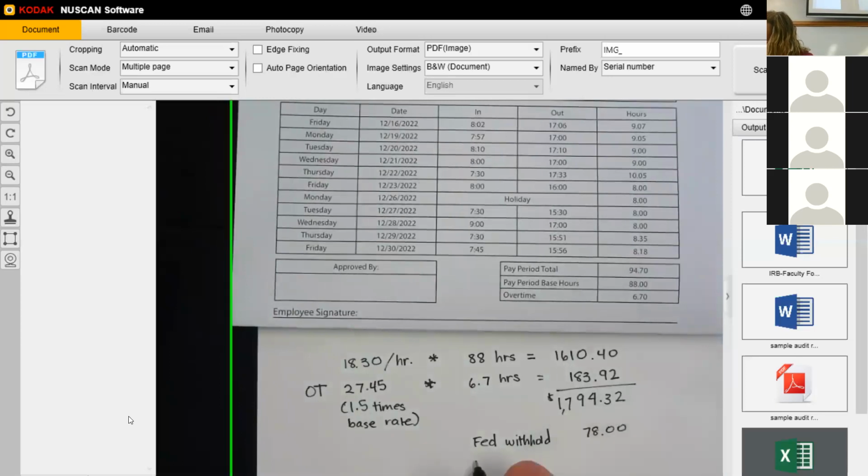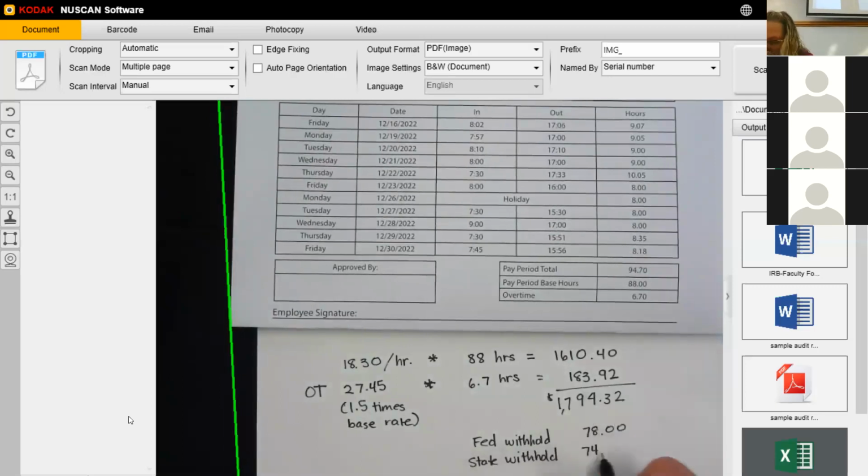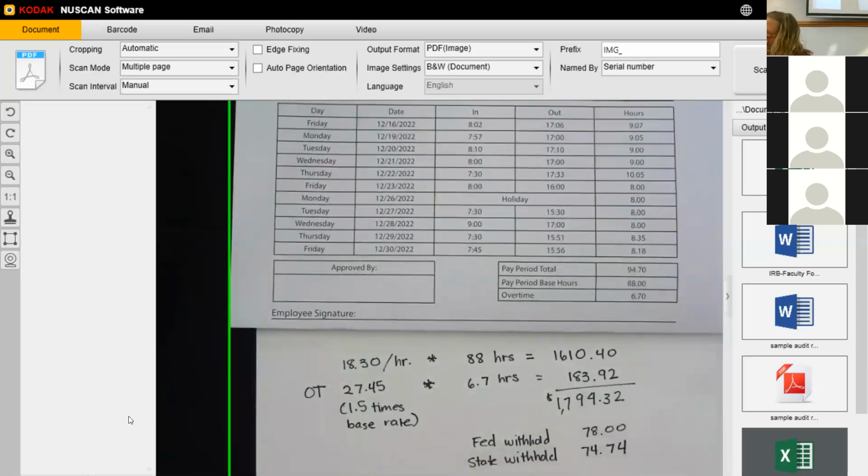Her state withholding is $74.74. So now we need to compute her Medicare and her, the other one.